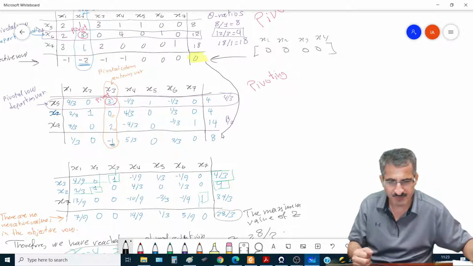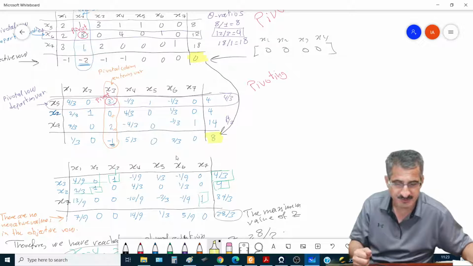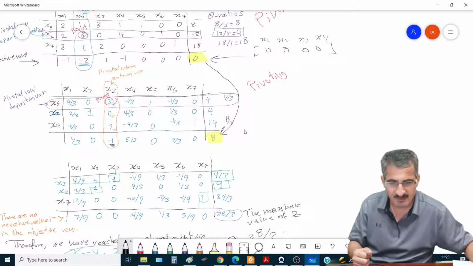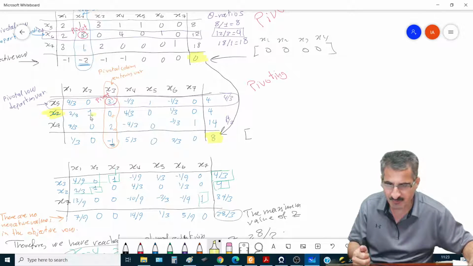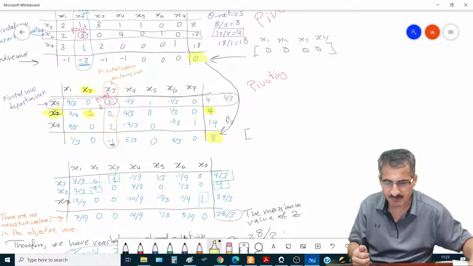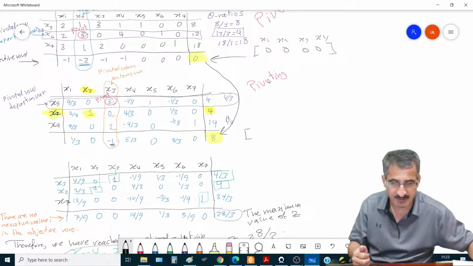Then we move to another adjacent point where the value of the objective function increased. What happened is we replaced x4 with x2, and x2 now is 4. So the adjacent extreme point to this one is 0, 4.